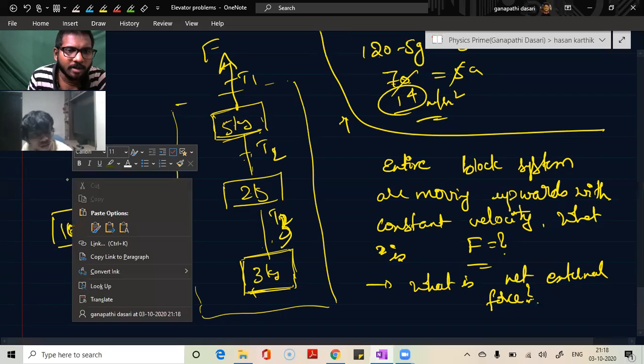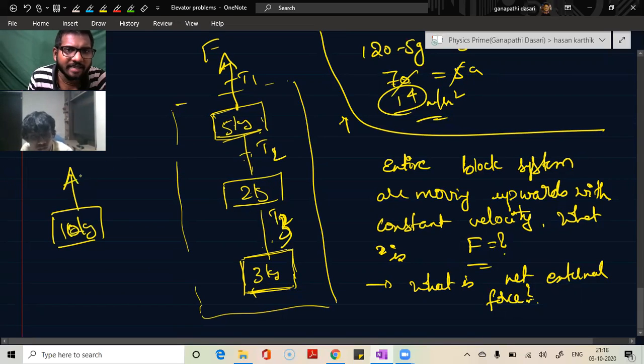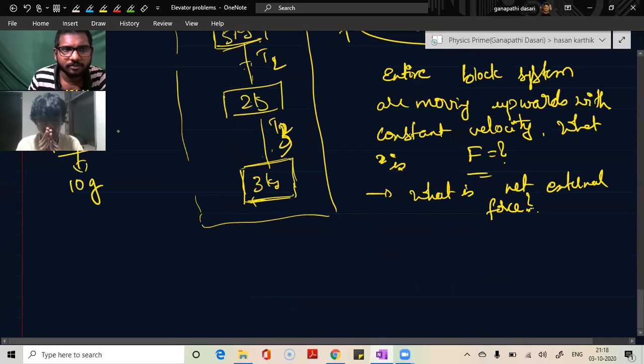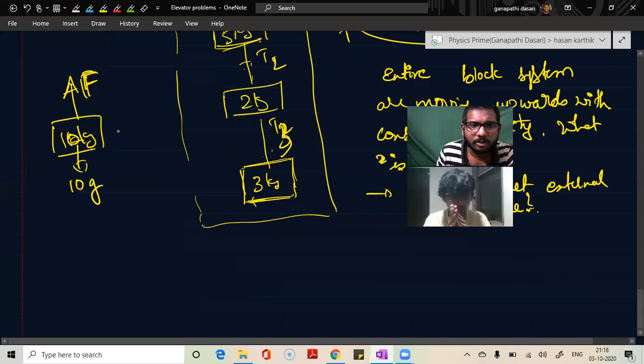Upwards is what? That is T1. T1 is nothing but that force. I told you that force will become the entire string tension. Downward, this is 10G, isn't it? Now the question is F minus... F is nothing but T, the tension on that string.